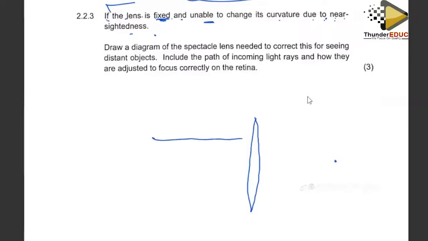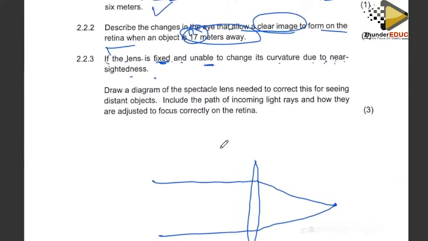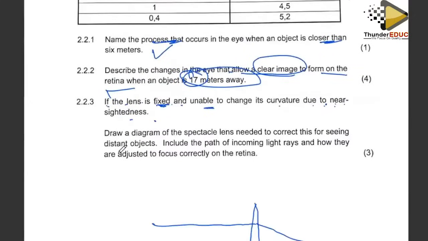For example, let me just draw it like this. The far object, you're able to come, and then, yes. Now you bring, let me read this question again, because I don't want to bring wrong answers here.